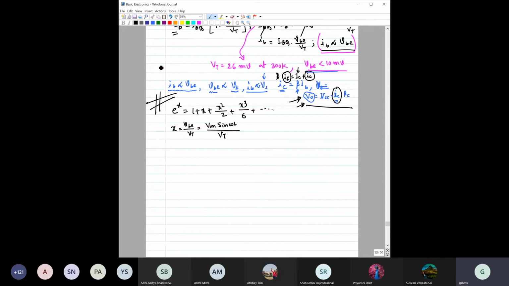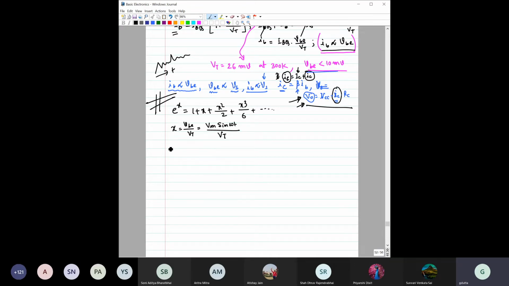Suppose you have some arbitrary signal, like this type of signal with respect to time, then this signal also can be written as a summation of different sinusoidal signals of different amplitudes and different frequencies. Fine. So that's why it is quite common practice to consider a sinusoidal signal as an input signal.